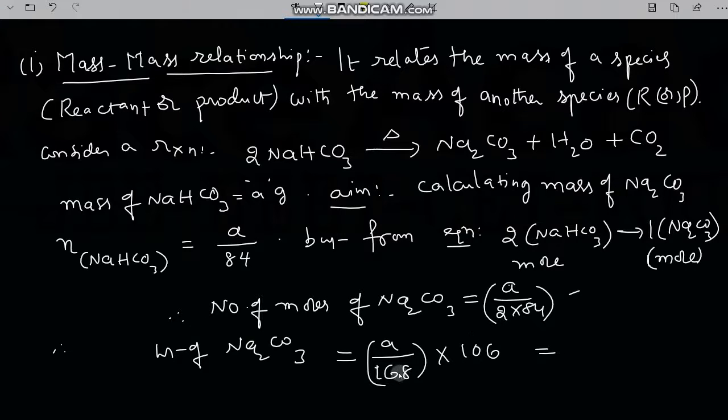Upon simplification, the 2 cancels, 106 becomes 53, and 168 becomes 84. So 53a by 84 grams is the mass of sodium carbonate, which is the product in this reaction.